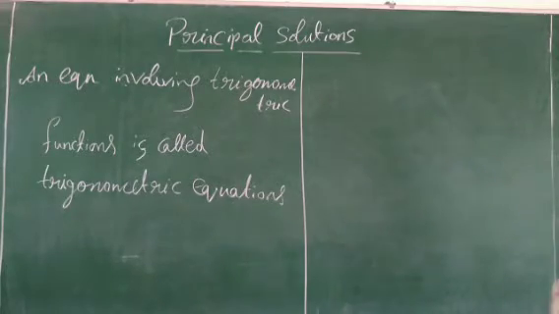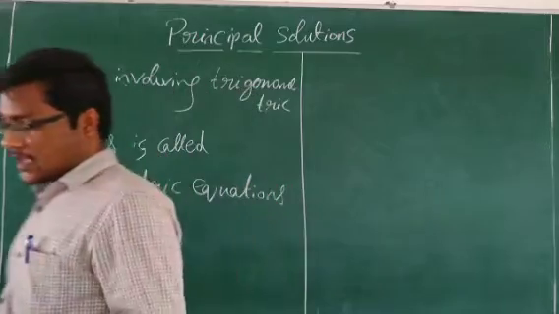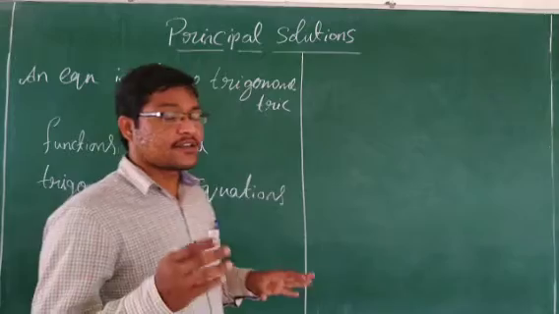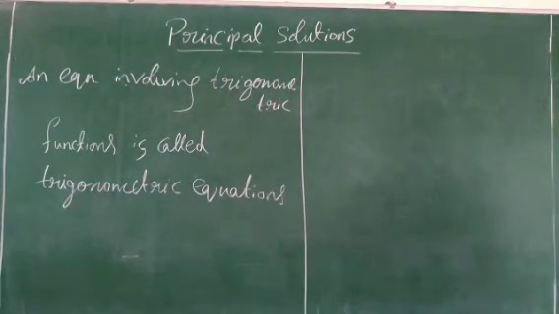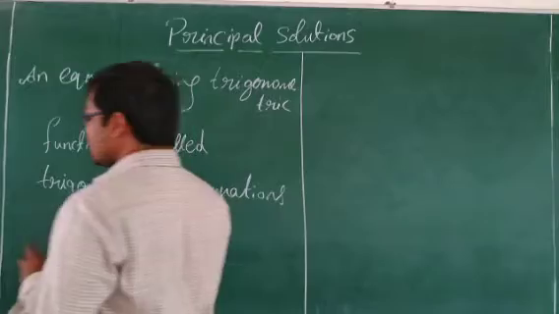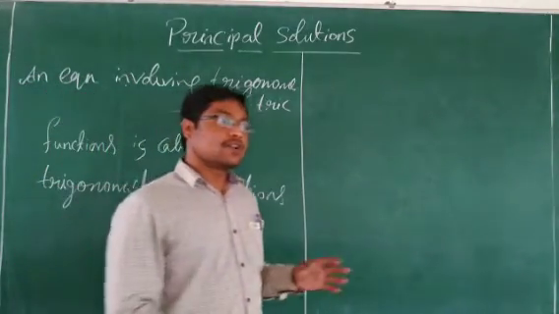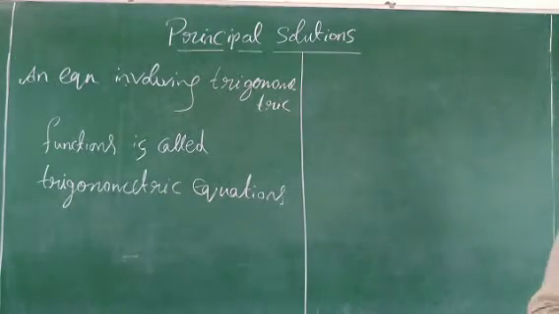In this year 2021, for your academic year, the general solutions topic is deleted from your book. So for now we will talk about principal solutions, and when we do CET or JEE type questions, we will see what a general solution is also.